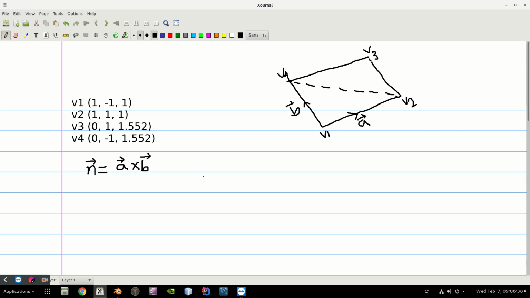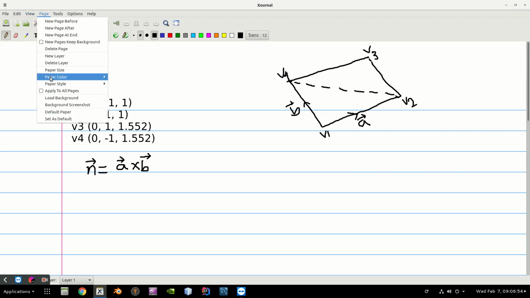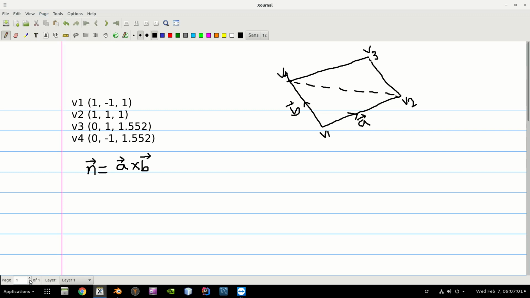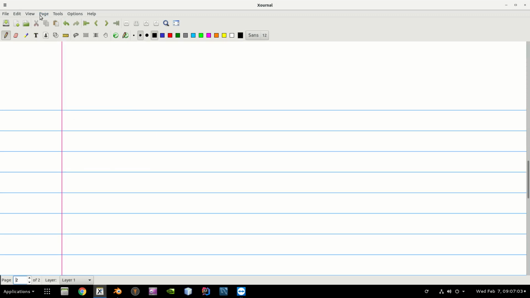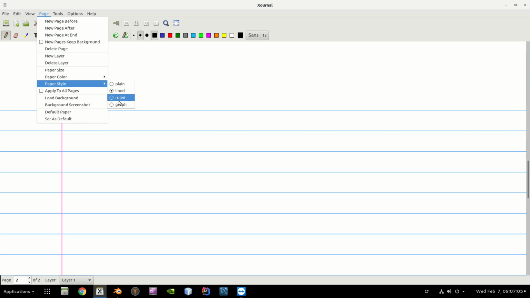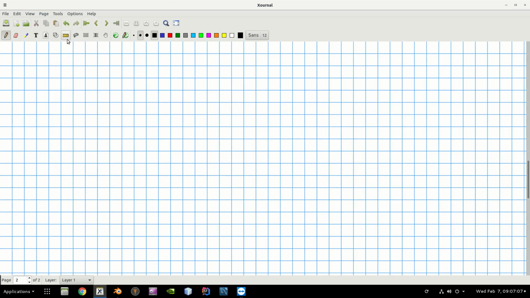Now, how do we find out these vectors? In order to do that, we need to use a little bit of coordinate geometry, or you can actually use vectors right here. They're closely related. Let me go to another page. It's easier done this way.